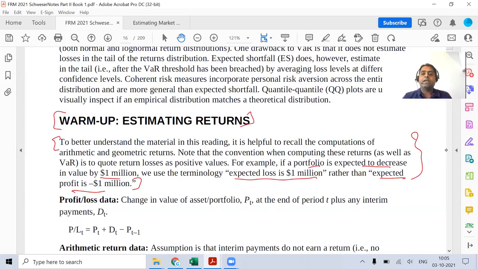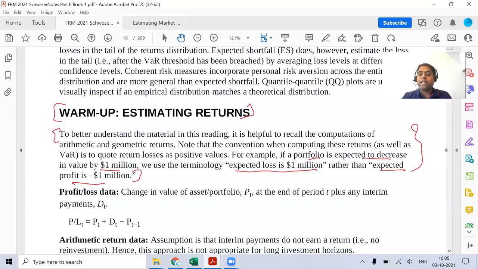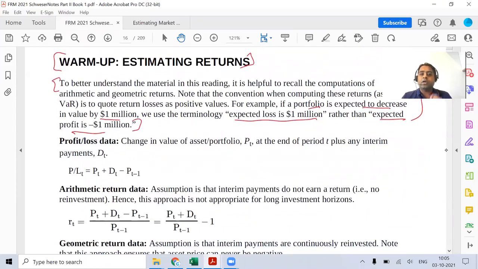When we have clarified this concept, they've moved towards the profit and loss data. That means the core data which is used to calculate returns and standard deviation, which is used in your VAR calculations. So the first and basic thing they're talking about is profit and loss data, PNL data.